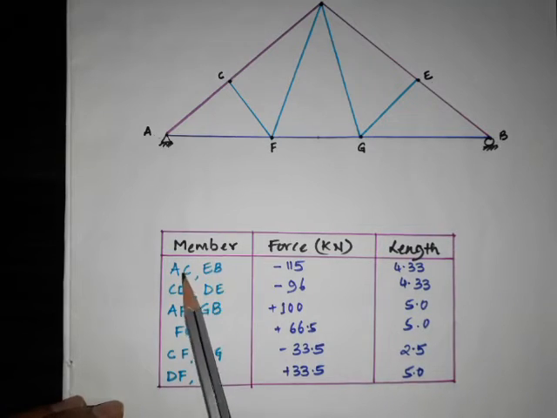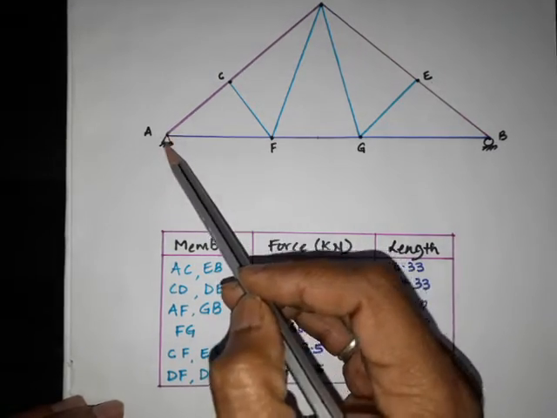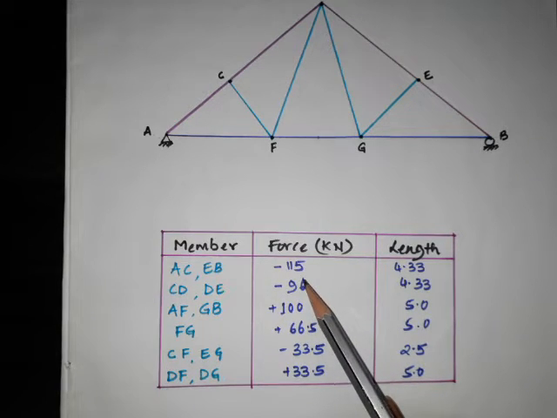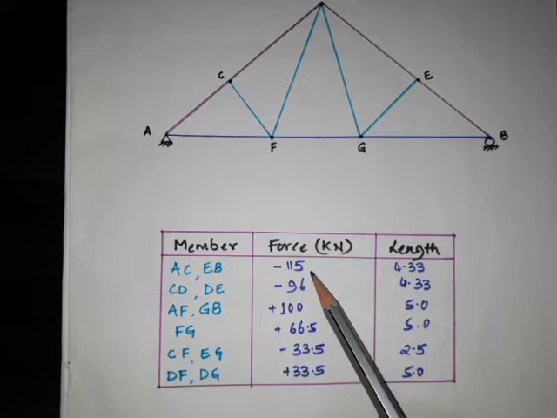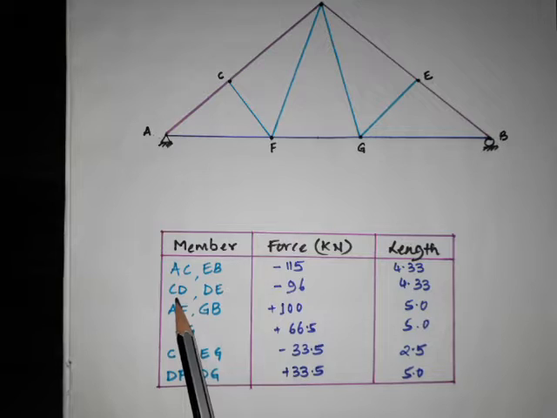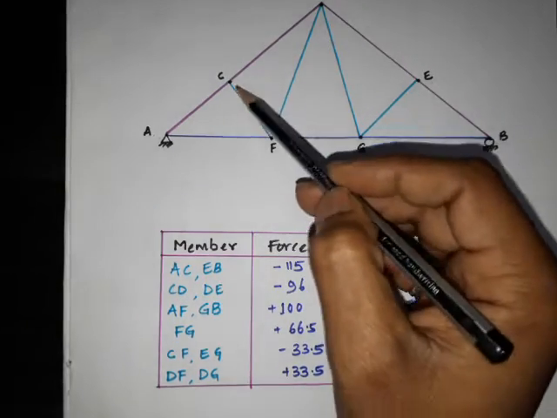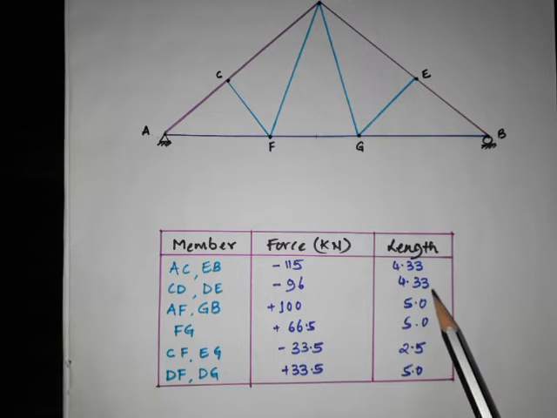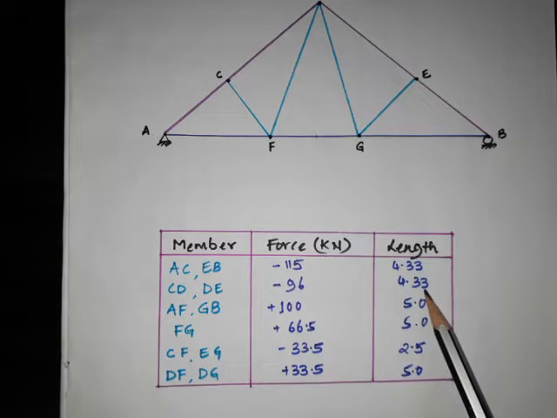The members AC and EB are carrying a force of 115 kilonewton, and the length of the member is 4.33. CD and DE are carrying a force of 96 kilonewton, again with a length of 4.33 meter.